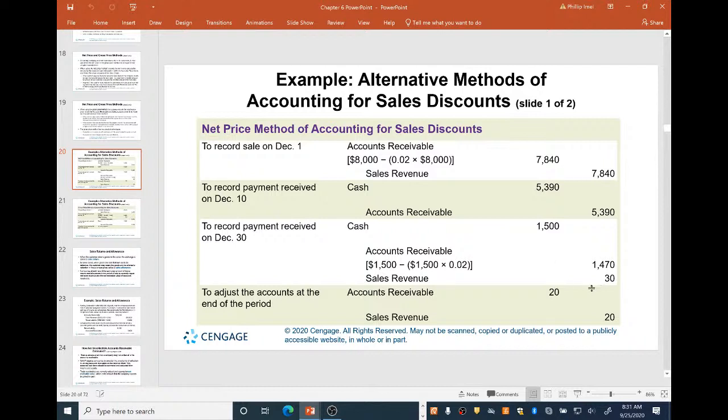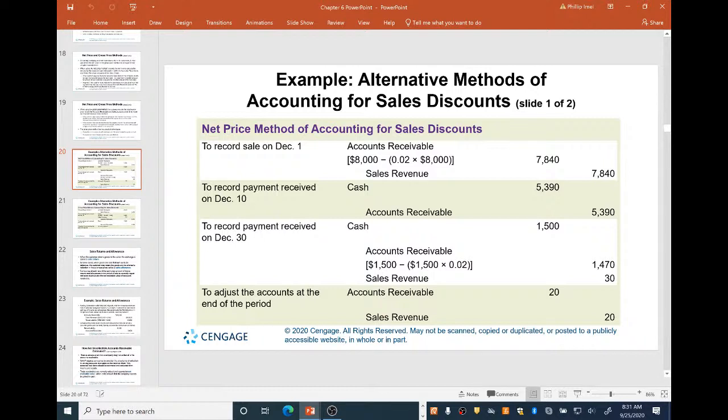So we have to account for the additional revenue. But then you see here at the end of the period, we have to make an adjustment between the accounts receivable and the sales revenue right here. So that's why it's saying that the net method requires more work, because there's an adjustment at the end of the period. Does this make sense? The same thing we just talked about? Yes. You seeing that in the journal entry?